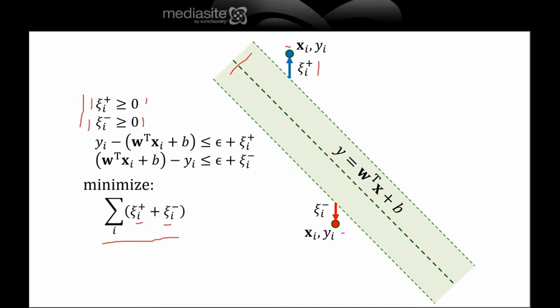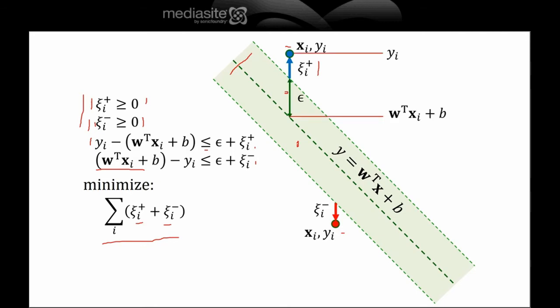They cannot be negative. For points that are inside the tolerance zone, zeta i plus and zeta i minus both are equal to 0, because yi minus w transpose xi plus b is less than epsilon, and w transpose xi plus b minus yi is also less than epsilon. So zeta i plus and zeta i minus both are set to 0 for those which are in the tolerance zone or right on the margin.